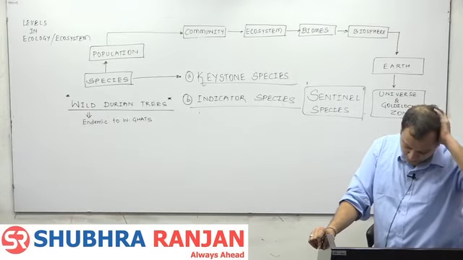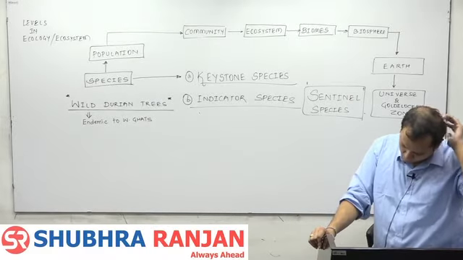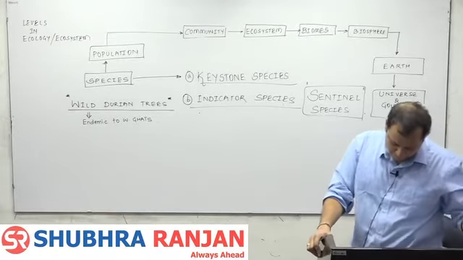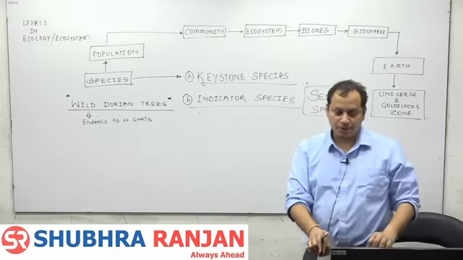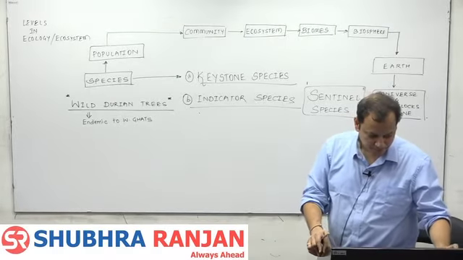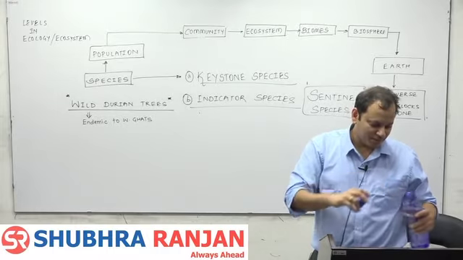In India, in the last decade, 32 species of frog have become extinct.